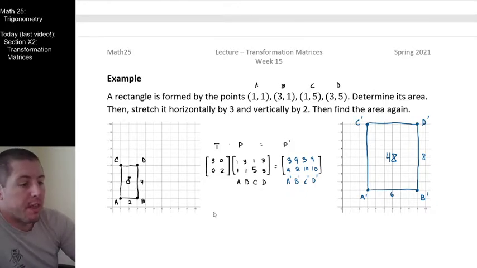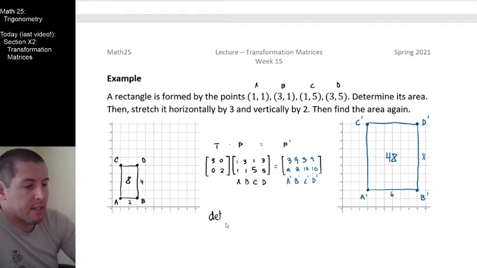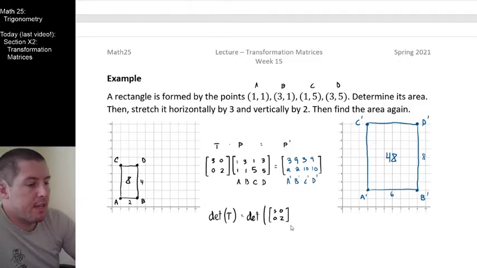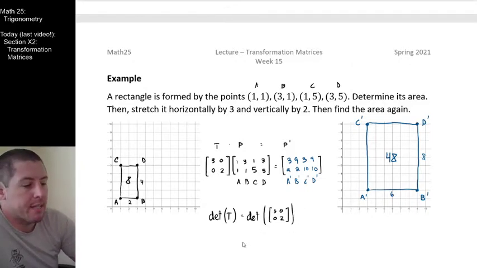Well, one of the things that we saw in the last class was the determinant of a matrix. And notice here that the determinant of our transformation matrix is the determinant of 3, 0, 0, 2. Remember that the determinant of a matrix is the product of the down diagonal minus the product of the up diagonal.